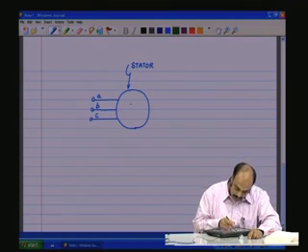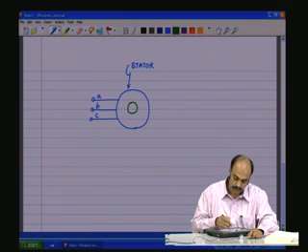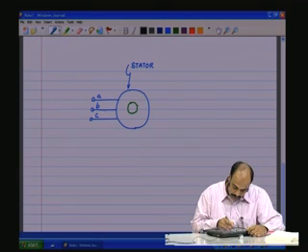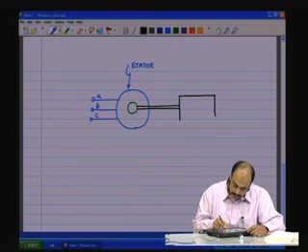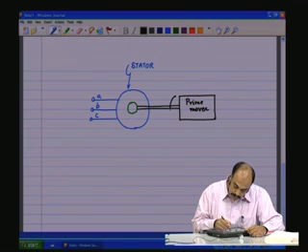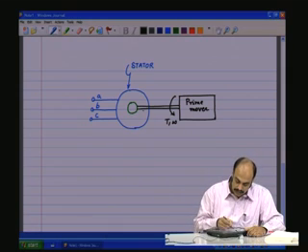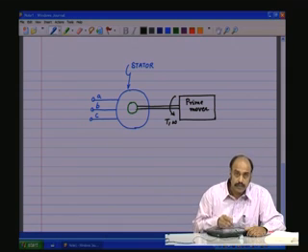Now inside we have the rotor, and the rotor is connected to an external mechanical prime mover, which is providing the torque and the speed for making the shaft rotate above synchronous speed.